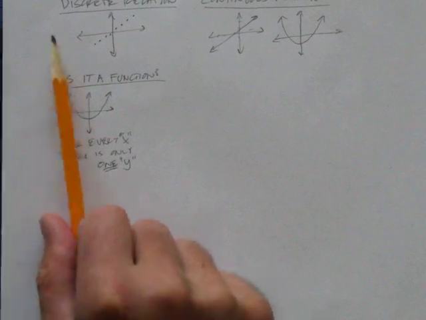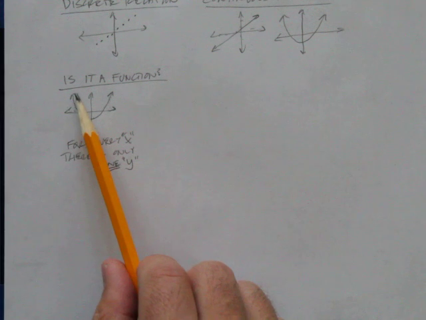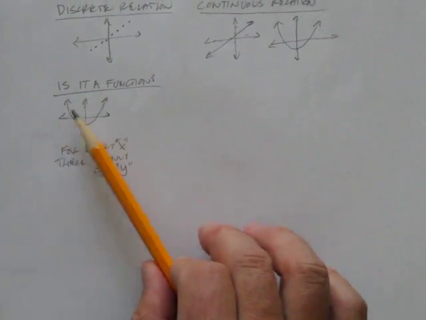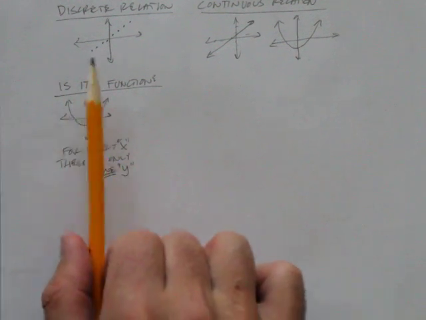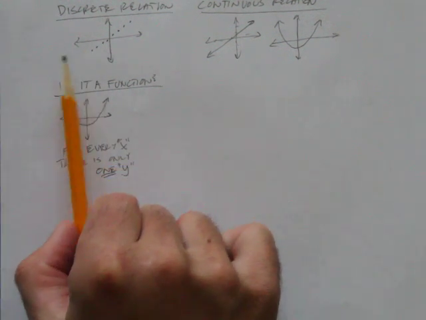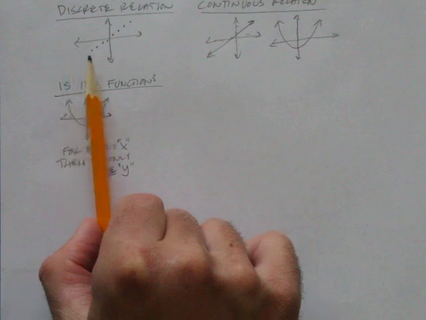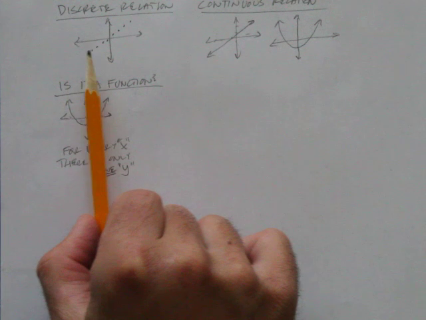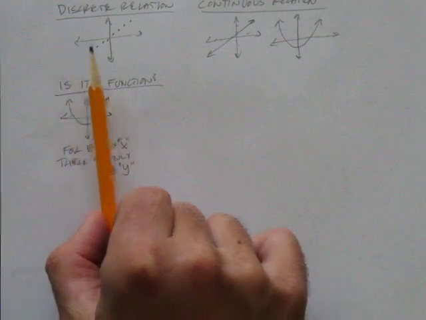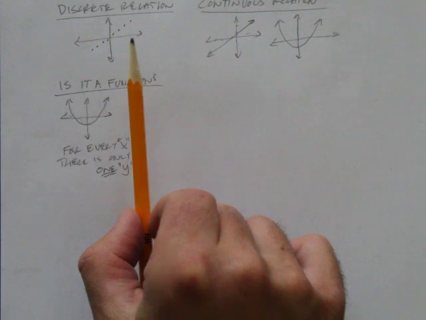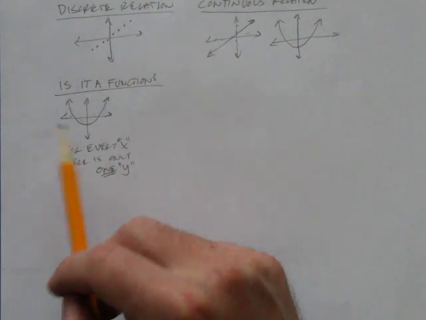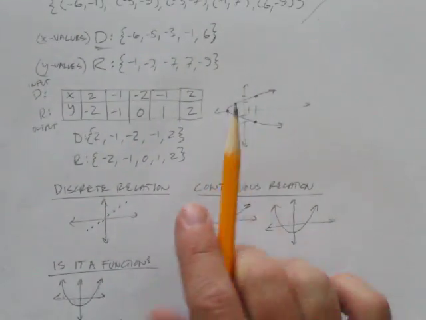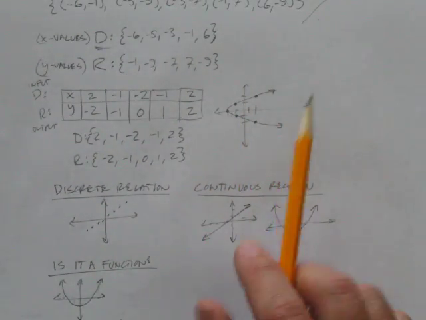One way to check for that is the line test, where if I hold a pencil or something like this, as long as this curve or whatever this graph is doesn't cross my pencil more than once, then it is a function. But when it does cross my pencil more than once, then it is not a function, because for an x value there will be multiple y values. For instance, let's look at this one back up here that I graphed.